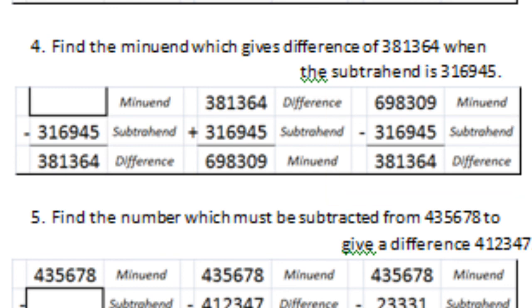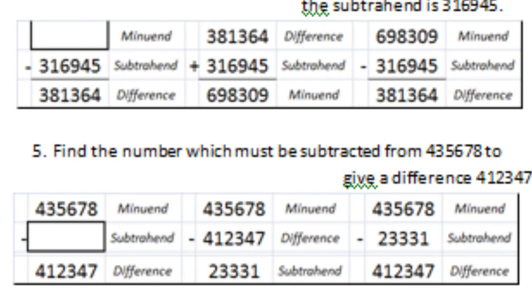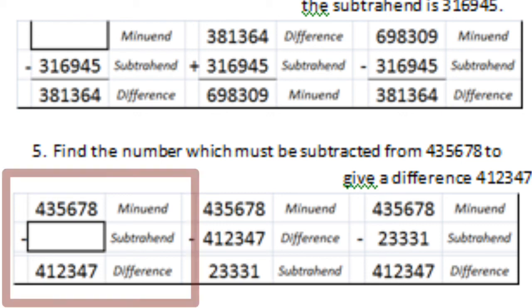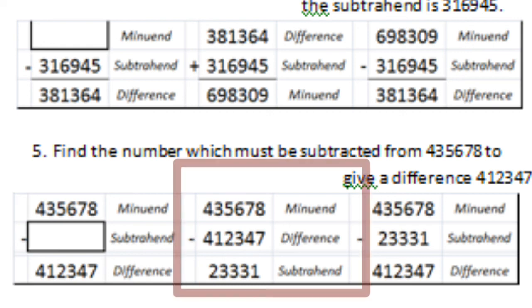Okay. Next, find the number which must be subtracted from 4,35,678 to give the difference 4,12,347. The difference is 4,12,347 and the minuend is 4,35,678. To get the subtrahend, we have to subtract the difference from the minuend.